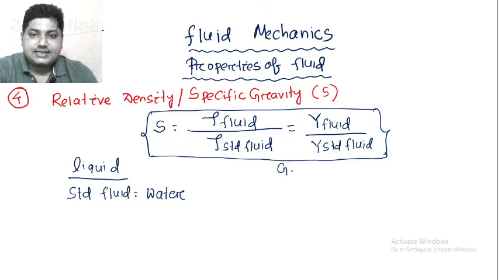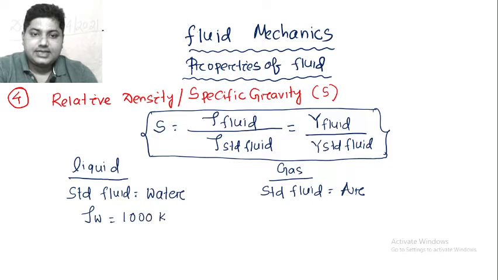And if you consider a gas, then the standard fluid is taken as air. The density of water, I told you in the last class, is 1000 kg per meter cube, and the density of air is 1.21 kg per meter cube.